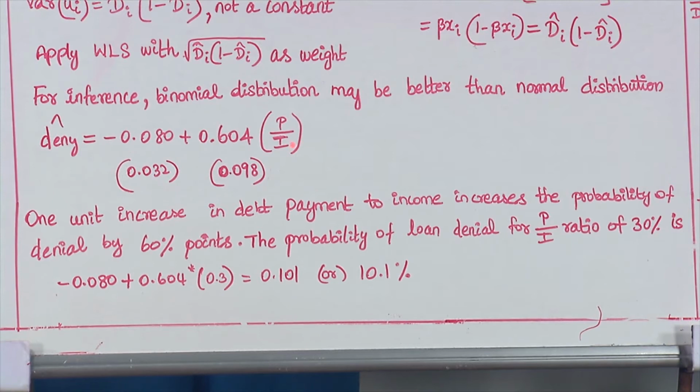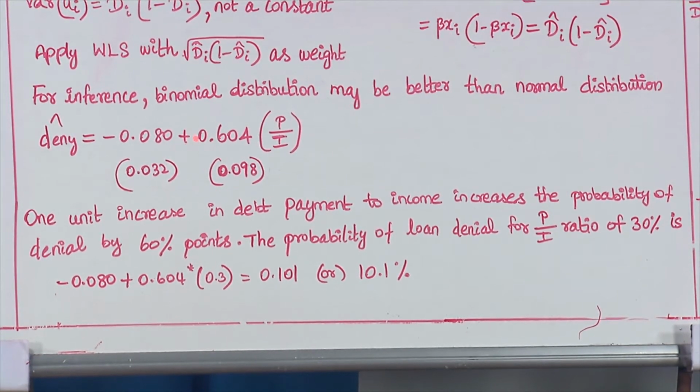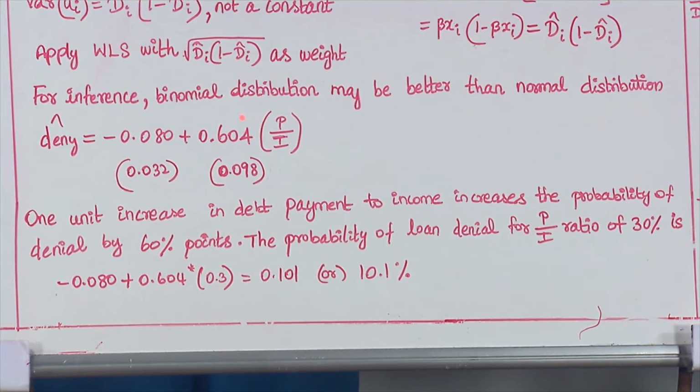As we know, as this debt payment proportion increases, there is more chance of your loan getting denied, and so the denial and the P by I ratio are positively related, and so the sign is positive here. What does this coefficient indicate?